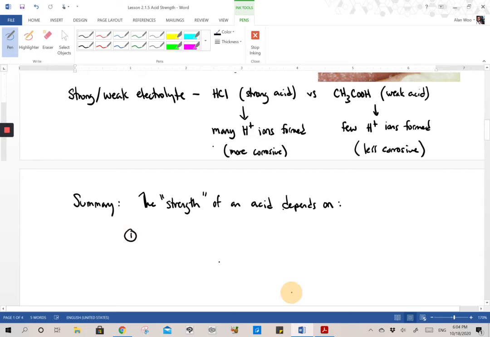So it depends on the chemical nature of the reacting acid, and what it is reacting with.